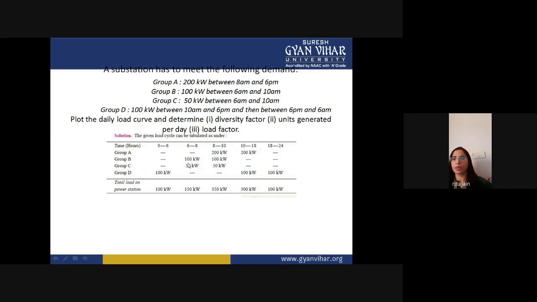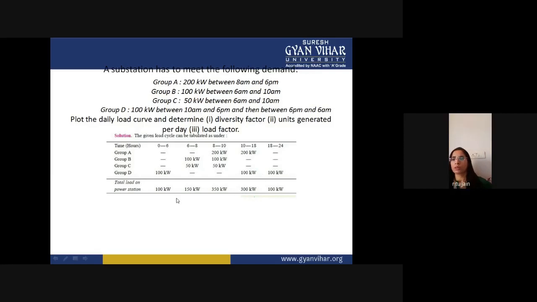So you can see that it is required for these two columns. But group D required the power from 10 a.m. to 6 p.m., and then between 6 p.m. to 6 a.m. Okay.